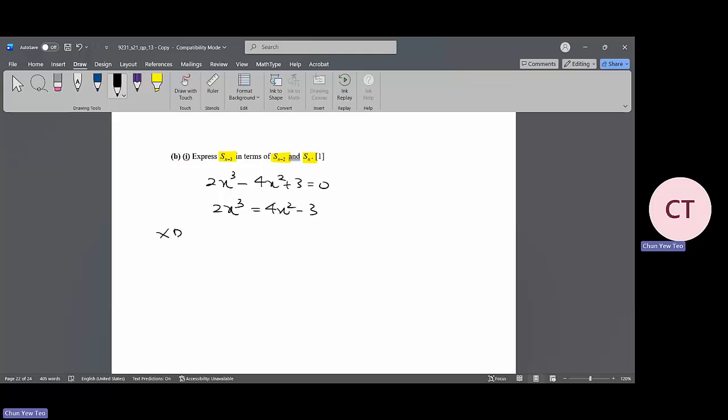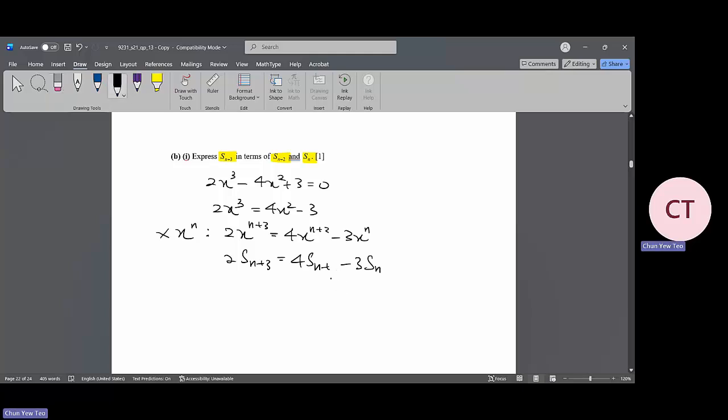Multiply everything by x^n. Then you will get 2x^(n+3) equals 4x^(n+2) minus 3x^n. And you will get 2S_(n+3) equals 4S_(n+2) minus 3S_n.